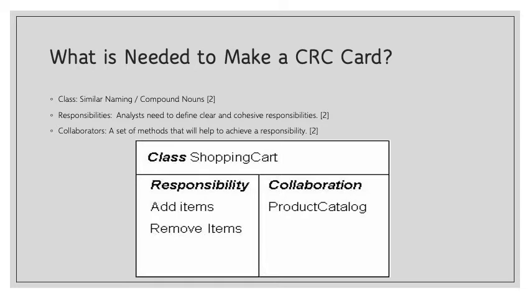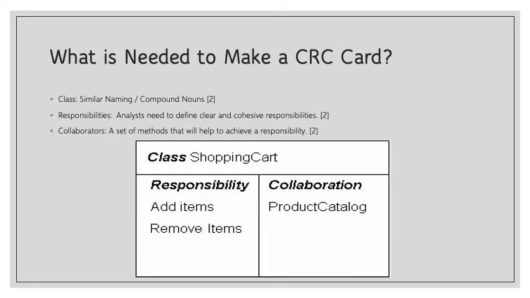The collaborator side is a set of methods that will help to achieve a responsibility. So to create it, if the collaborating side, instead of being product catalog, were view magazine, view magazine would be irrelevant for the shopping cart because you can't buy anything from a magazine.